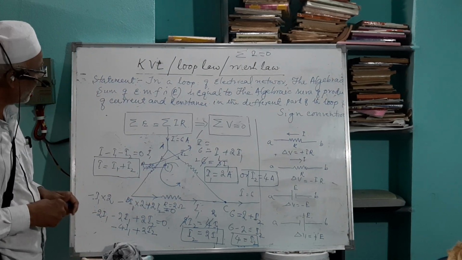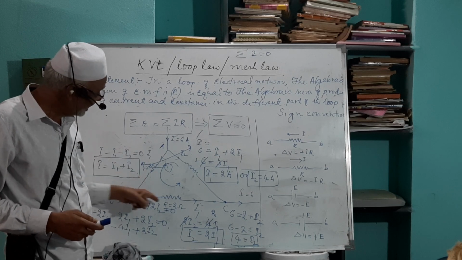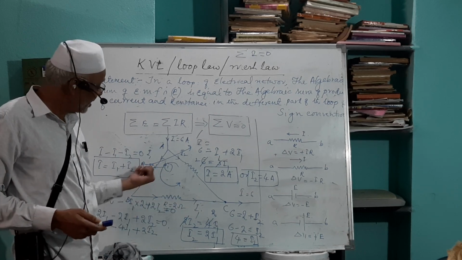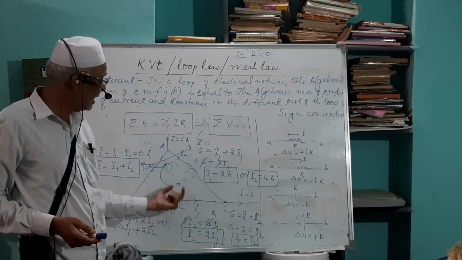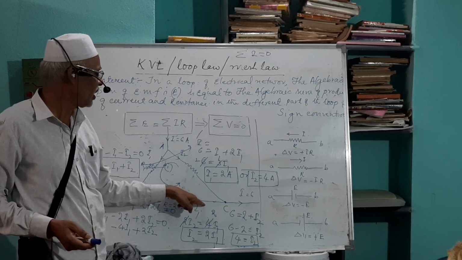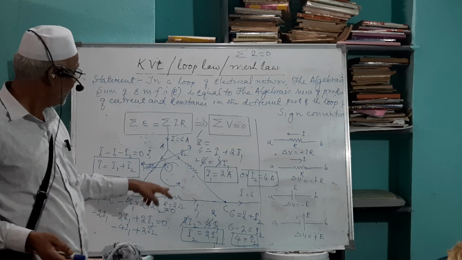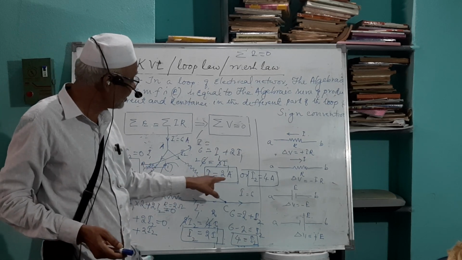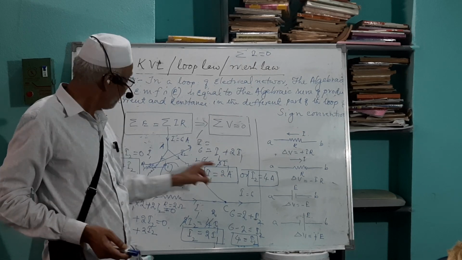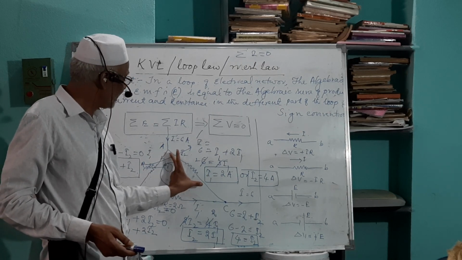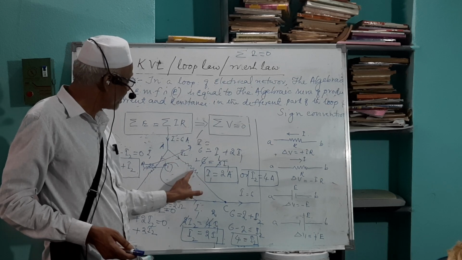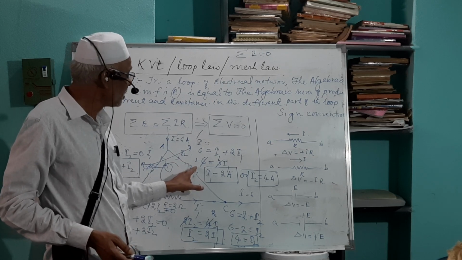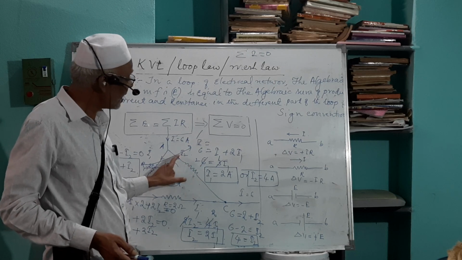So one important conclusion you can draw from this. In this branch the resistance increases, 2 plus 2, 4. Whenever the resistance increases, less amount of current is flowing. So in the first branch the current is only 2 ampere, whereas in the other branch, which contains only 2 ohm resistance, when the resistance is less, current is more.